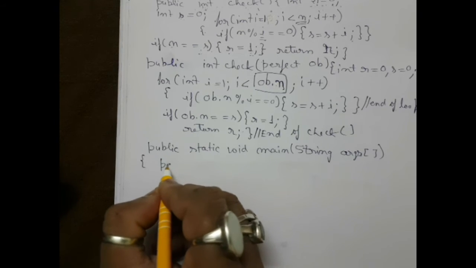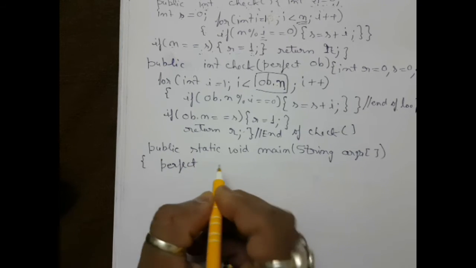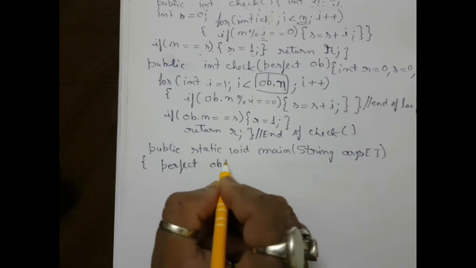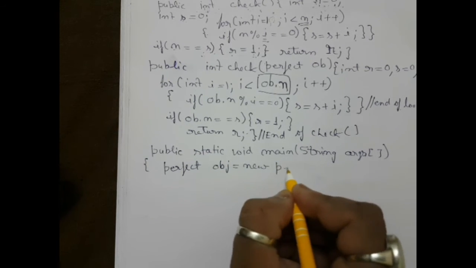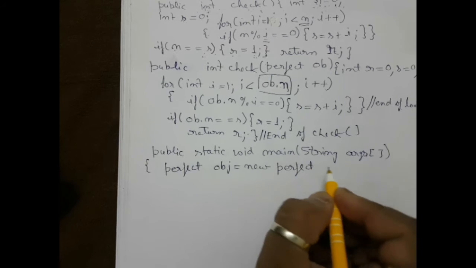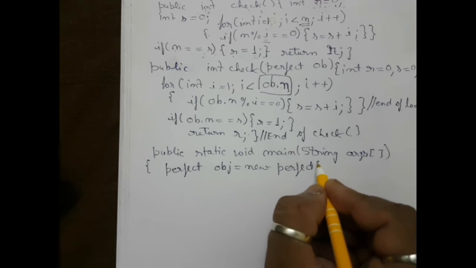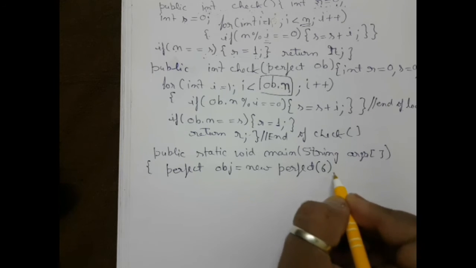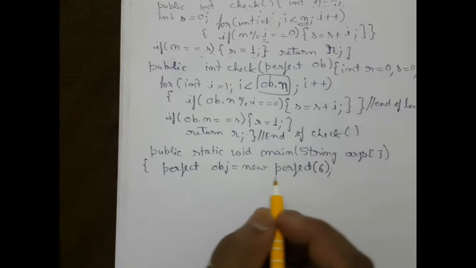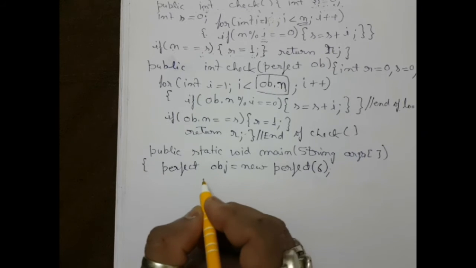Class name is perfect. So I write here perfect obj equals to new perfect. Okay, and here I can pass any number, and we have taken example 6, so I can take 6 also. Otherwise I can change in the input function as well, not a problem.